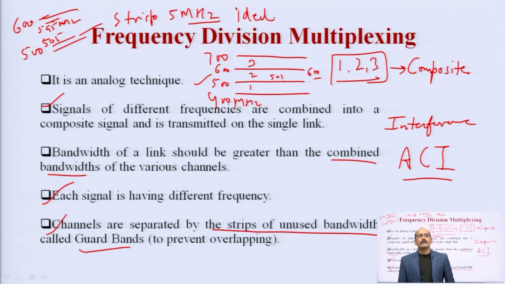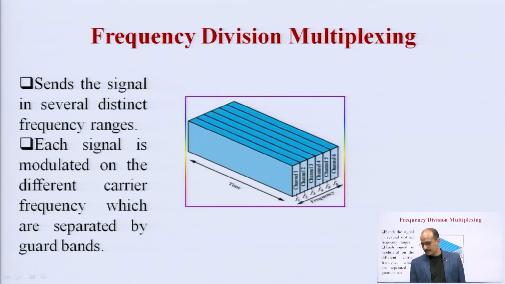It means in frequency division multiplexing we have the advantage that all our users can use the channel simultaneously, at the same time, but there is a limitation in bandwidth, as some bandwidth is allotted to the guard band and some is divided between the users. So, this is a disadvantage of frequency division multiplexing.